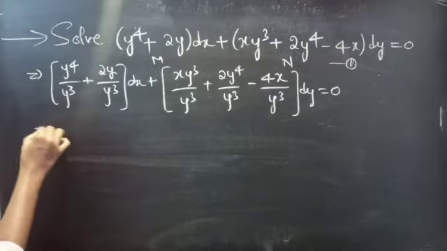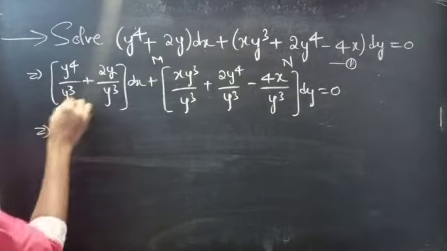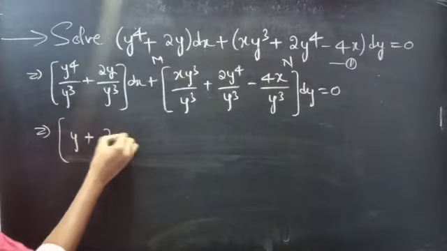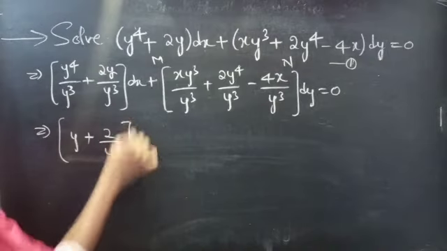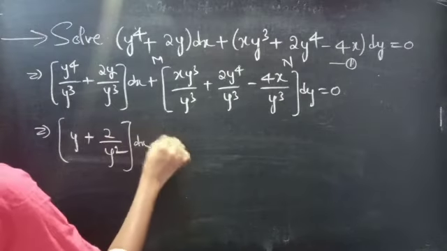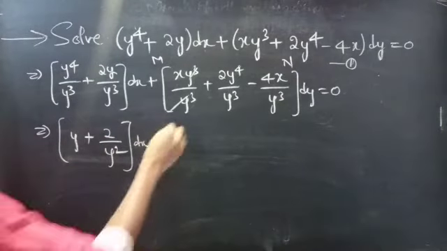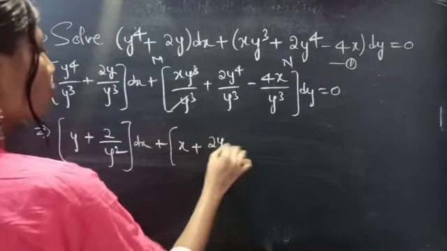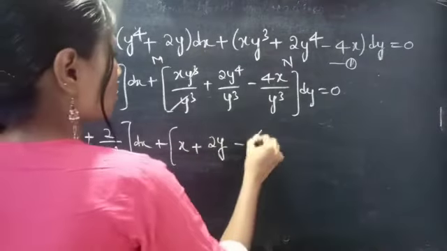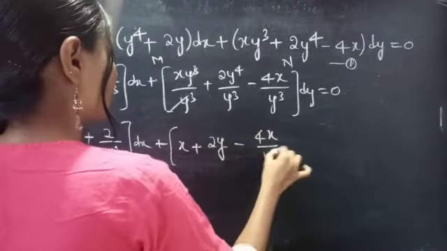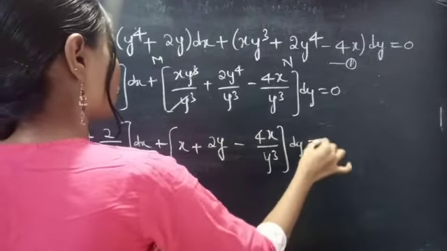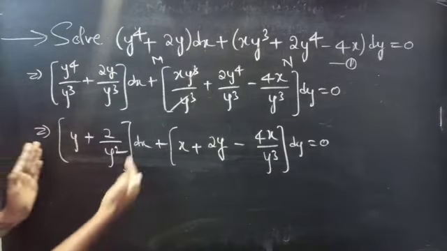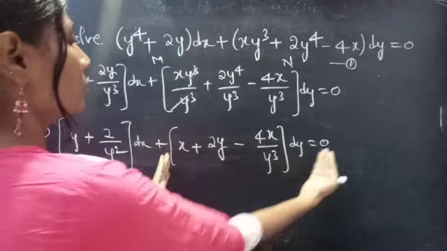Then 3 y's get cancelled, you'll get y, plus 1 y gets cancelled, then you'll get 2 by y square, into dx, plus y cube gets cancelled, x, plus 3 y's get cancelled here, you get 2y minus 4x by y cube into dy equals 0, which is in the M1 dx plus N1 dy equals 0 form.